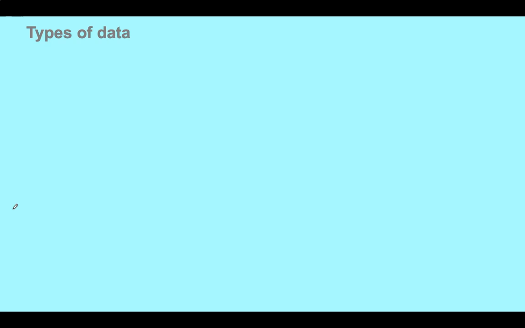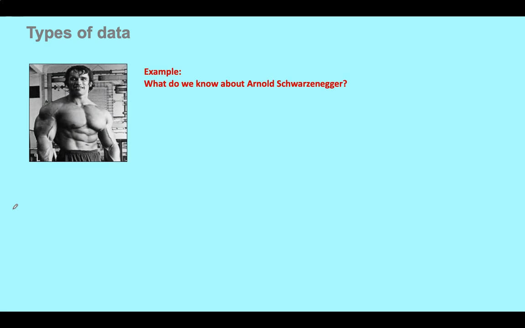Now we have to discuss different types of data. In order to understand different types of data, we can understand that data can have different forms, and it is measured based on different required forms.